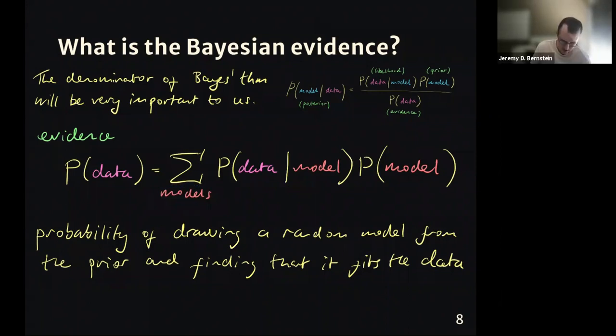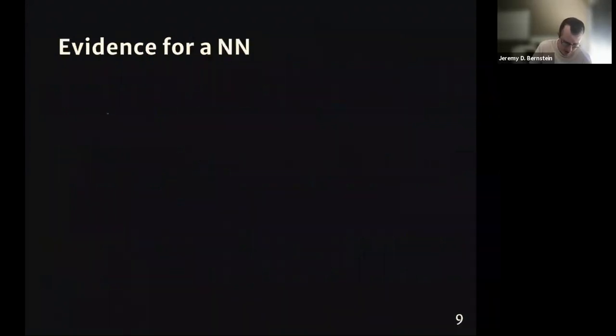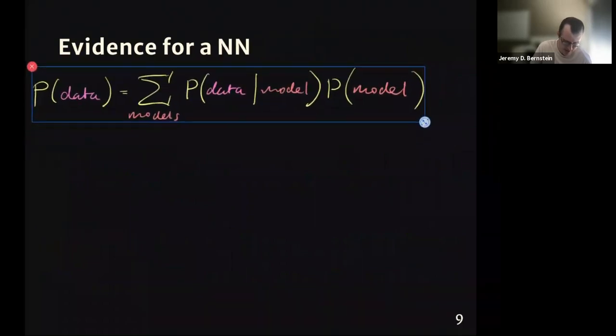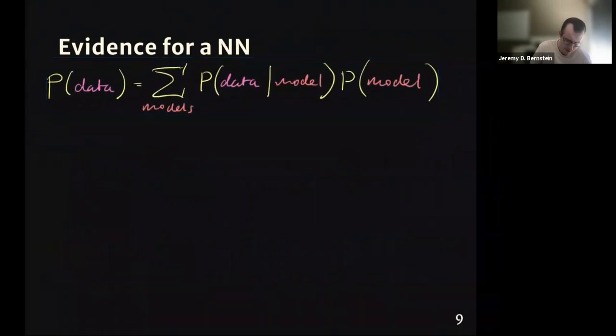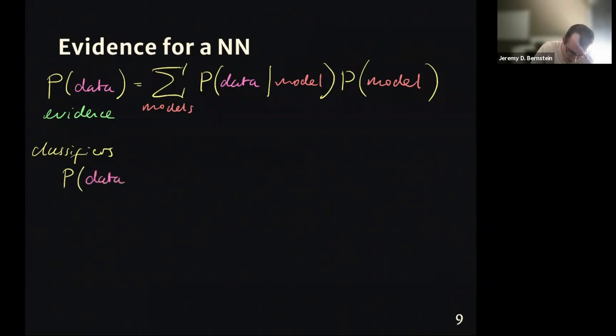Yeah, let me try and clarify again, because now we're going to specialize this to what any of this means in the context of neural networks. So I've just copied and pasted the formula for the evidence, and in particular, we're going to be thinking of classifiers. I'm going to simplify things by choosing a particularly convenient likelihood function. Remember, the likelihood function is what we're writing as the probability of data given a model.